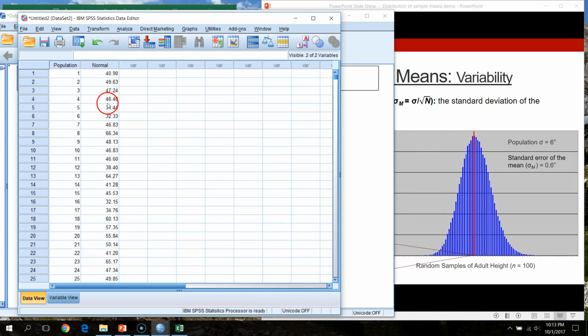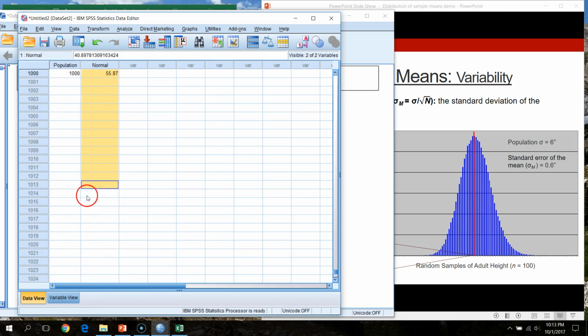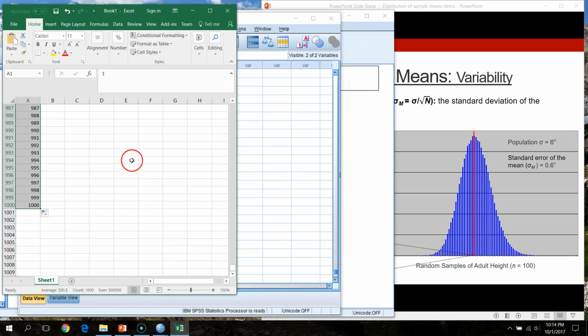Now, for the purposes of this demonstration, I generated decimal places on this, which I don't necessarily want. So I'm going to copy these and get rid of that decimal place.